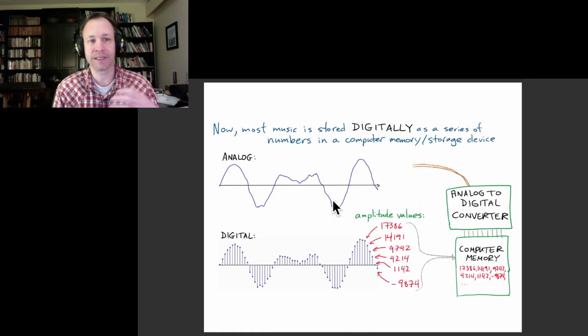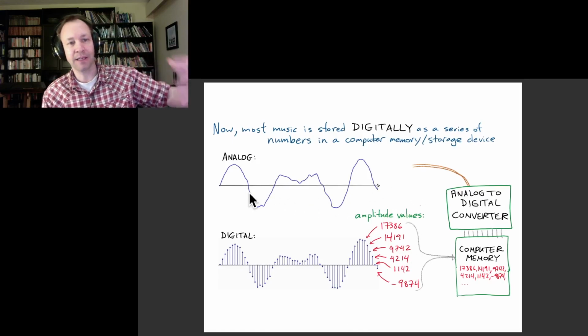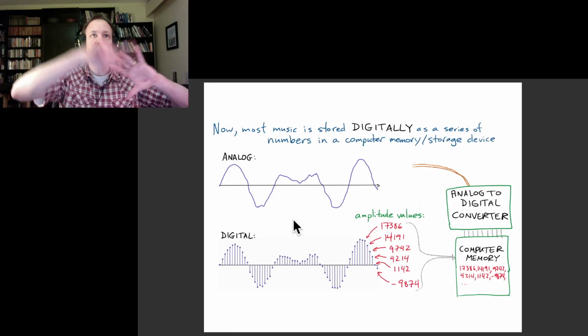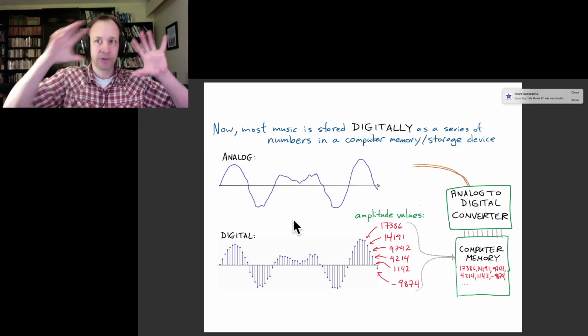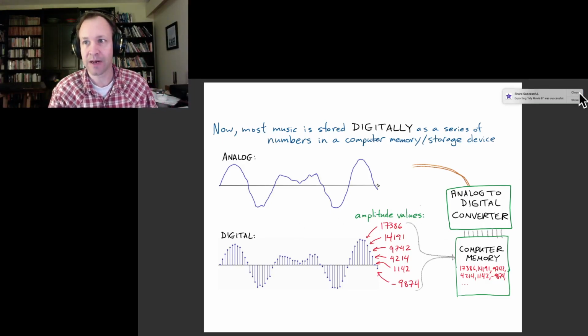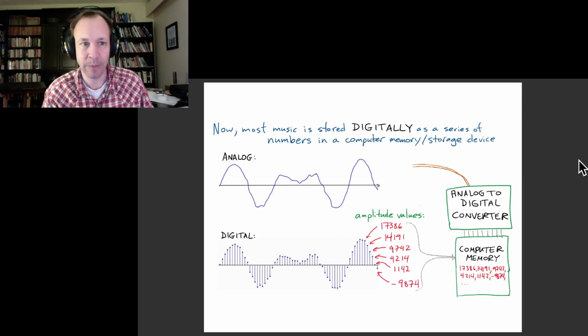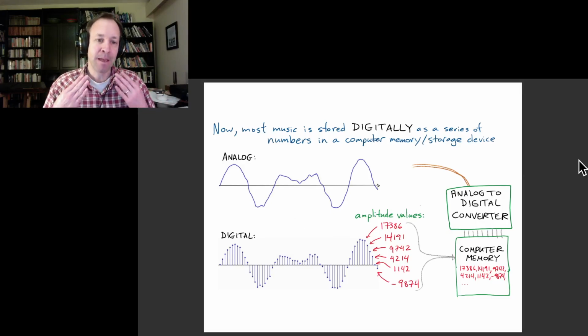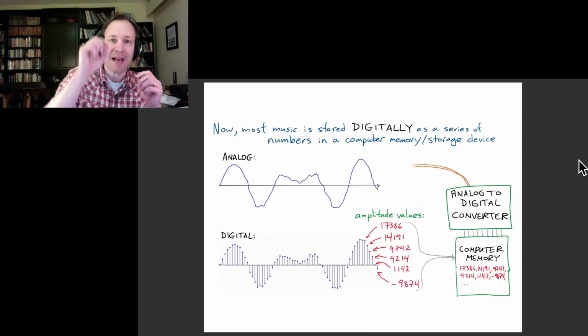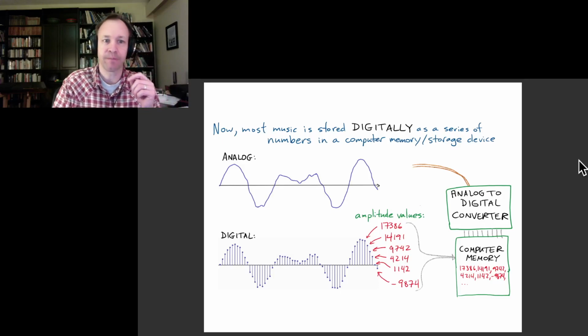So in some sense, your analog recording is a complete graph transcribed somehow onto the record or onto some other medium like a magnetic tape. A digital recording, on the other hand, is actually only capturing a part of that information.